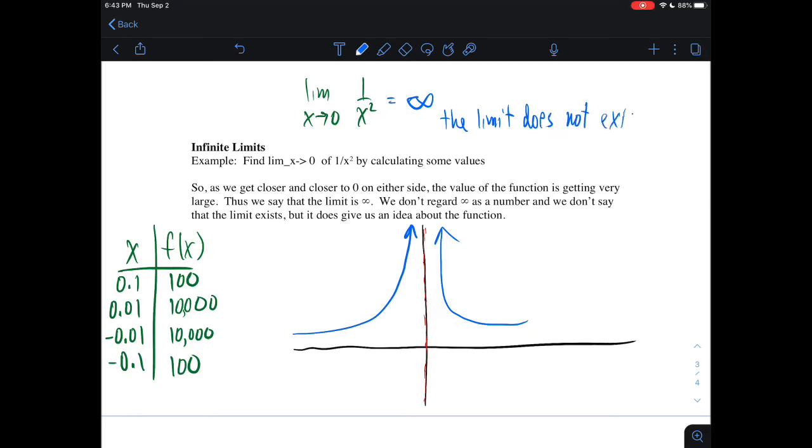Because if you were to say that the limit does exist, it means that you can find the endpoint of infinity, which isn't possible. So we don't regard infinity as a real number, and we don't say that the limit exists, but this still does give us an idea about the function. So it is important to say that the limit is equal to infinity, but it's also important to recognize that that means the limit does not exist.